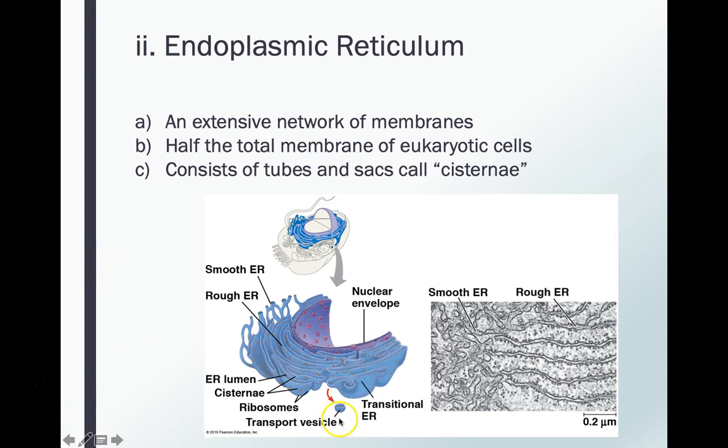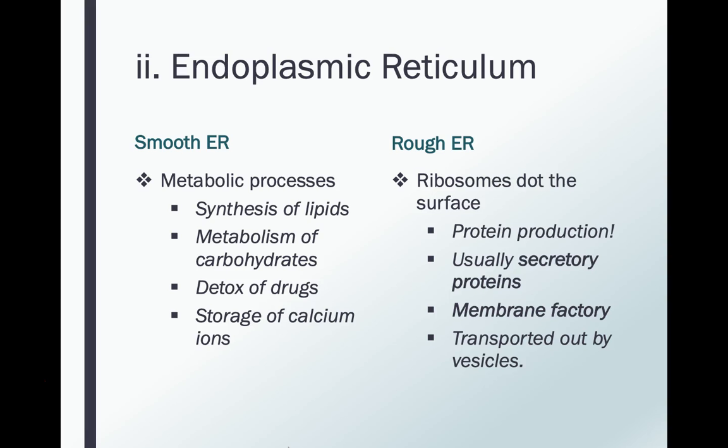If you look down here in the bottom, we see this transport vesicle. This is sort of pinched off from the ER, and that little vesicle is like a little moving truck or a transport vehicle that's going to take products from the ER and move them around in the cell.